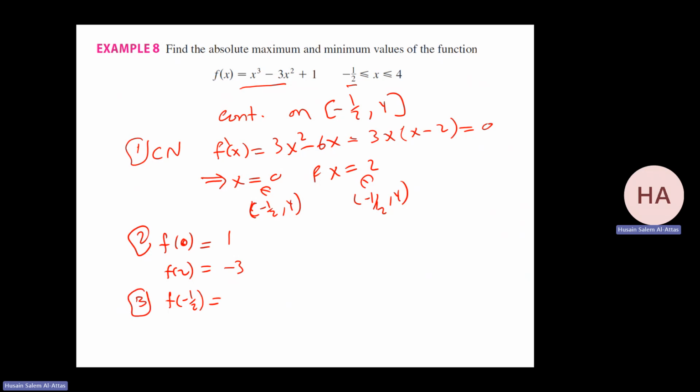F of minus half, that will be minus 1 over 8 minus 3 over 4 plus 1.